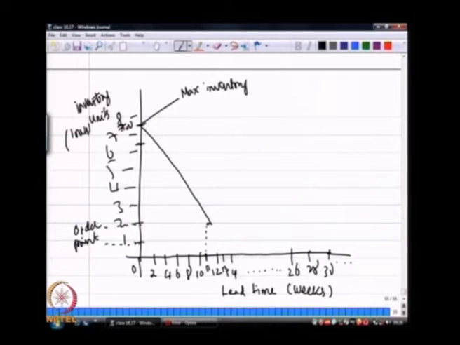I will have to order, because it takes 2 weeks for me to get my inventory. This is the lead time. This 2 weeks is my lead time. On this week axis, it takes 2 weeks for me to get my 1000 units of inventory.